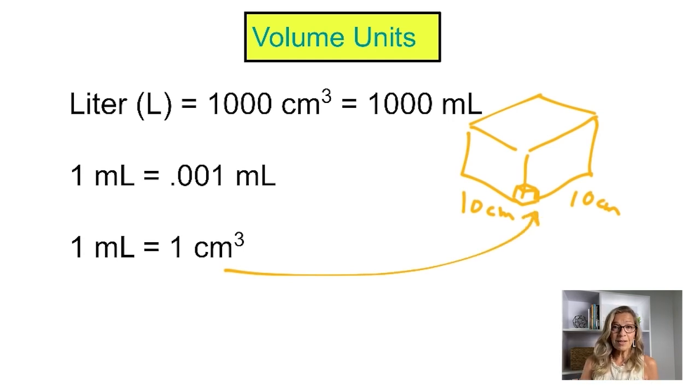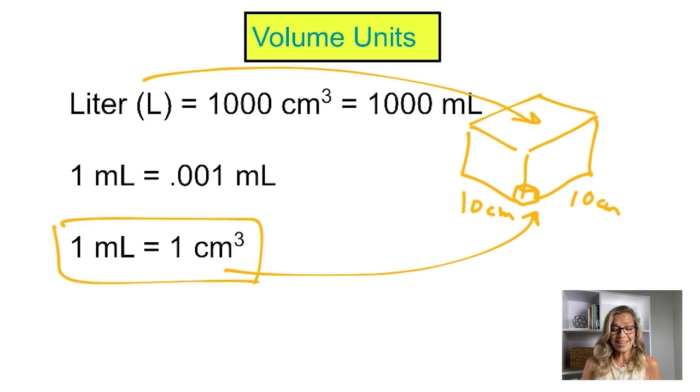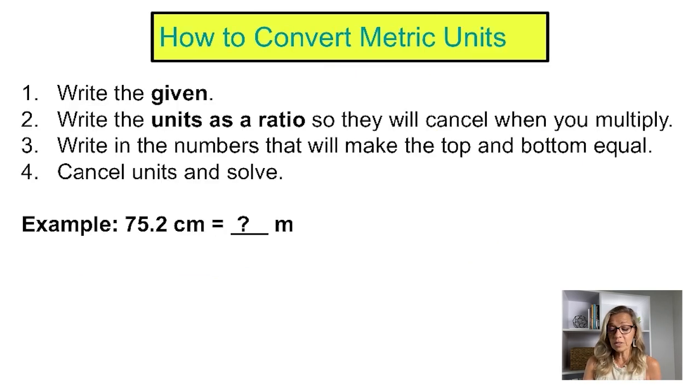And there are 1,000 of those little cubic centimeters in this box, so this whole box is 1 liter. So you need to know this relationship, that a centimeter cubed is a milliliter, and 1,000 milliliters gives you 1 liter. And you already have a good feel for what a liter is, you know, a 2-liter soda bottle. And so that is where the volume unit came from that we will use in chemistry.